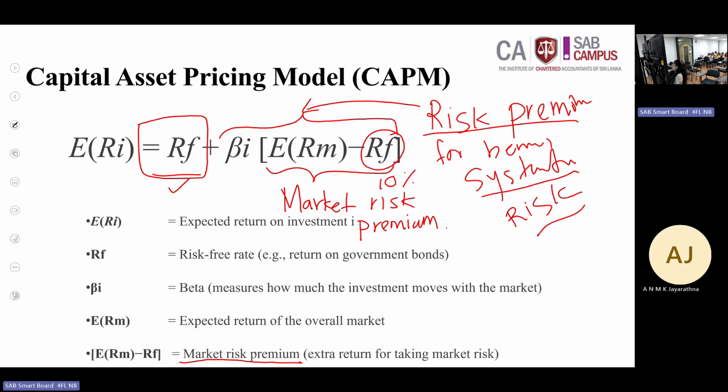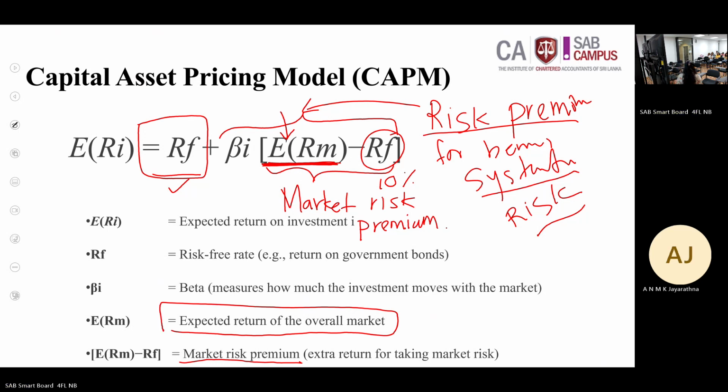But within the industry, if you go to the Colombo Stock Exchange, S&P and so on, they mention what sort of return rate you have to provide for a market or industry-specific investment. So you have to identify the expected return for the overall market. Within the share market, how much overall rate of return you can have by making the investment. So this is the treasury bills and treasury bonds return, and this is the overall market return rate.